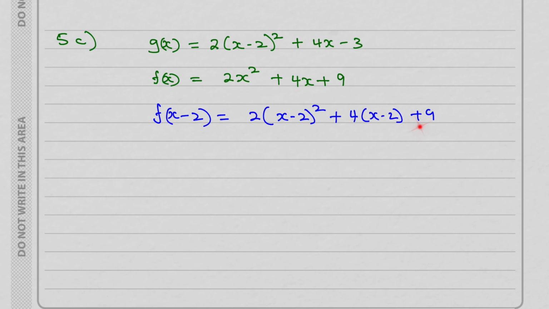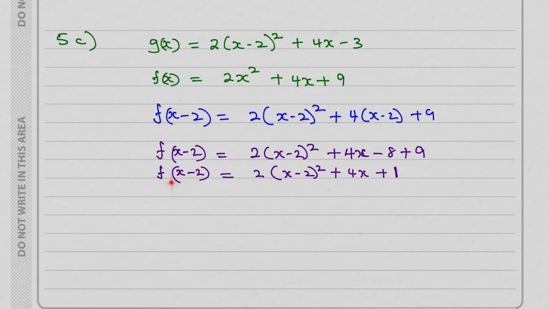And then I need to expand this. So the clue came from here. The f of x minus 2 is giving us 2 into bracket x minus 2 close bracket squared plus 4x plus 9. But what we had was plus 4x minus 3. To get minus 3, I need to take away 4 from both sides.